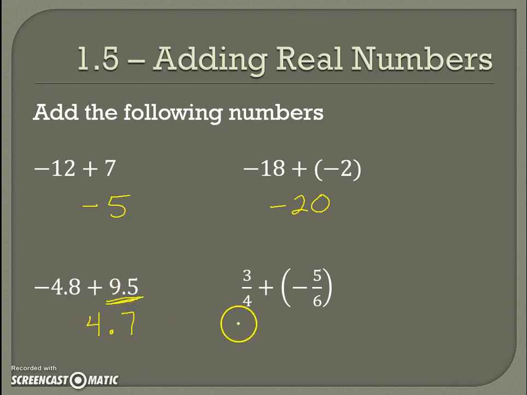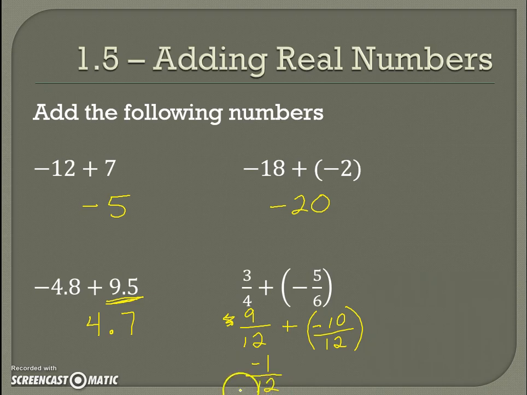9.5, and it's positive. Over here, I'm adding fractions, so just real quick, hopefully you remember how to do these things. Let's change this to numbers that have a common denominator, so it would be -10 over 12, and hopefully this isn't something entirely new to you, but 9 plus -10 is -1, and then I keep my denominator.